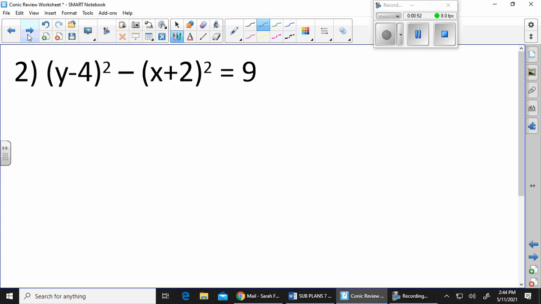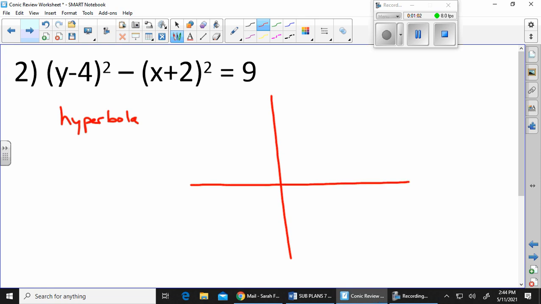Second one, two things being squared, being subtracted, so it's a hyperbola. So then you think of what you need. And really what you guys want to think is have the stuff in the picture and the stuff that I can see where what you got. So with this, I need my center, opposite of x, opposite of y.